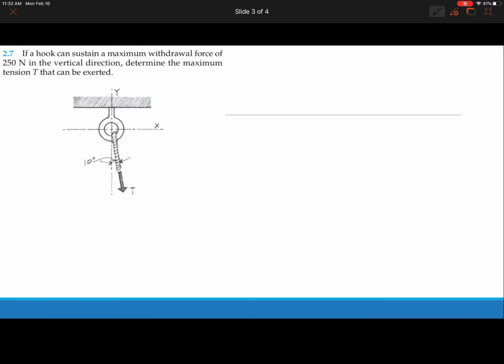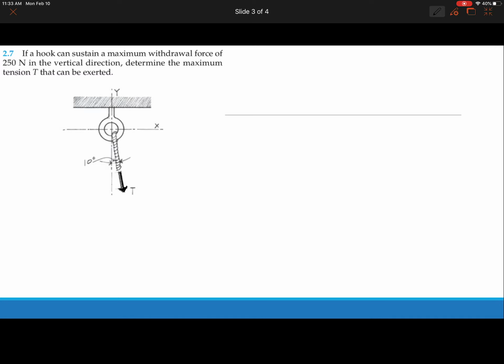Now let's move on to the second one. It's a hook attached to the wall or to the ceiling, but on that hook, the force T is an angled force. So it's not a vertical force. The force is going downward, but a little bit to the right side.